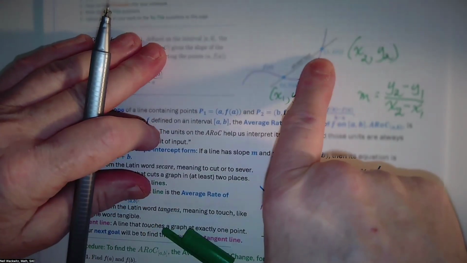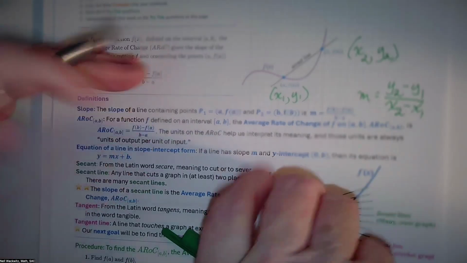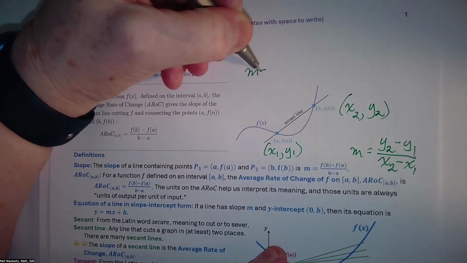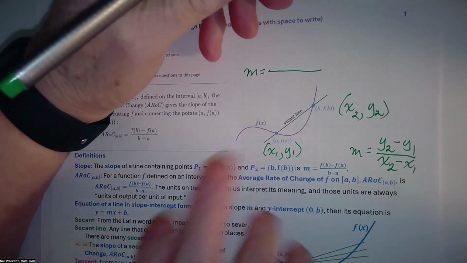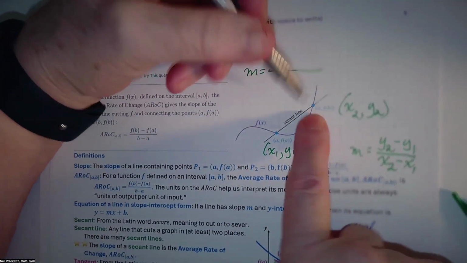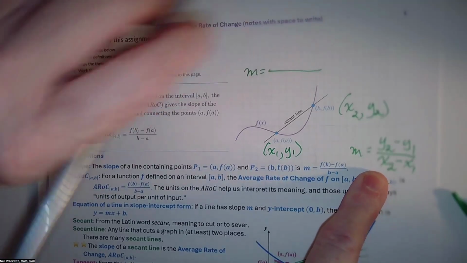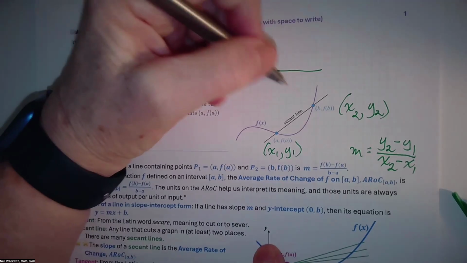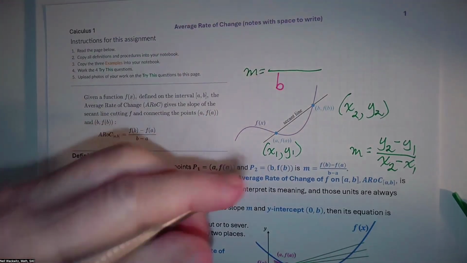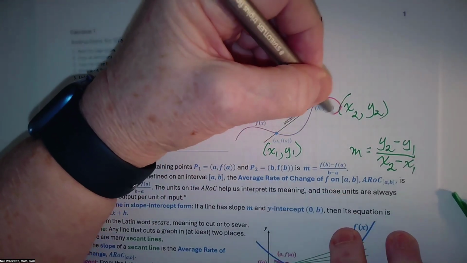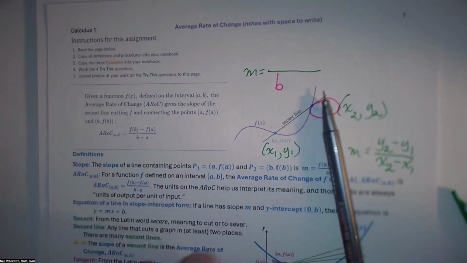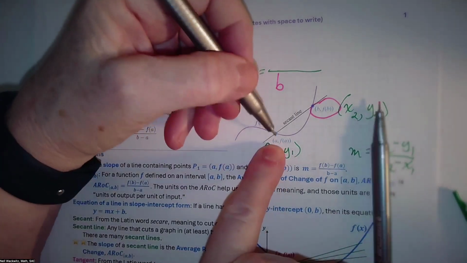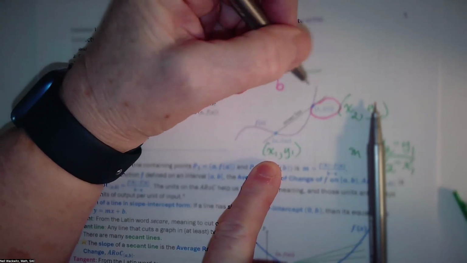Well, we're using b for x2. So we've got slope equals, we're using b for x2, put that in here. We're using a for x1.